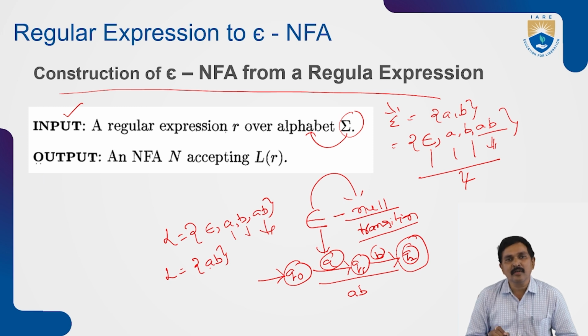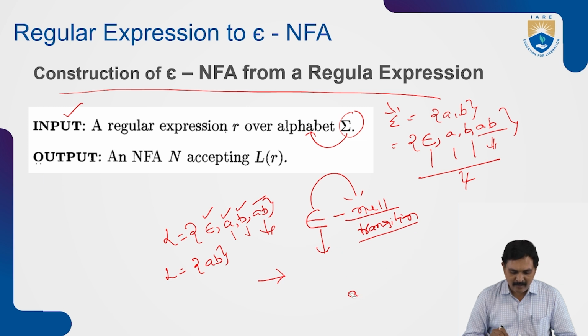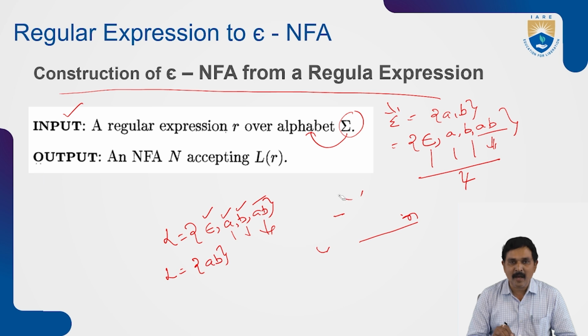Suppose you want the language strings to be null, a, b and ab. Then you have to modify the diagram. You want to accept the null symbol, the symbol a, and also b and ab. So what is the corresponding diagram?